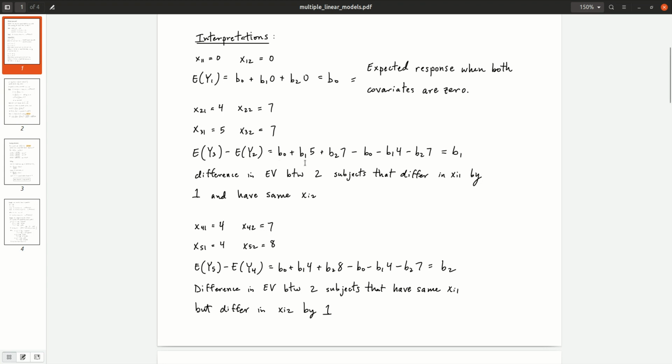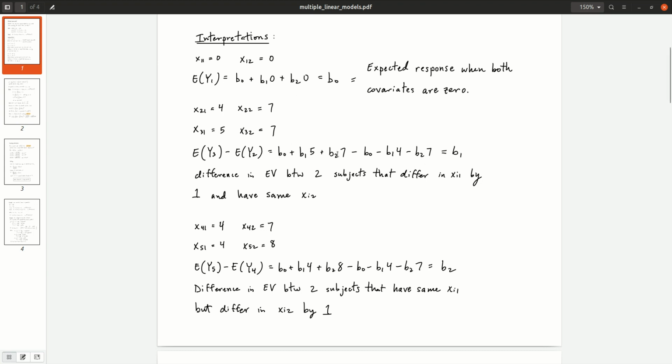Okay, here's the third subject expected value: b0 plus b1 times 5, that's the first covariate for the third subject, plus b2 times 7, which is this number, minus b0, now we're working on expected value Y2, minus b1 times 4, which is that number, minus b2 times 7.